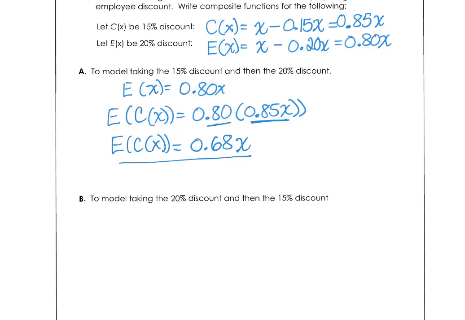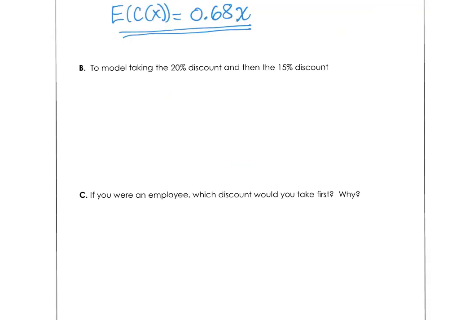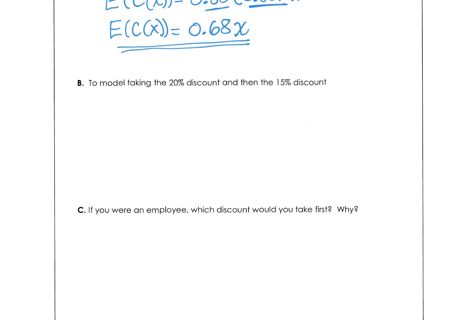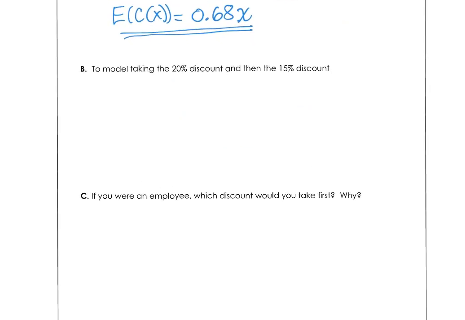In part B, we want to model taking the 20% discount first and then the 15% discount. So to model taking the 20% discount and then the 15% discount, we would have C of E of X, and that would be 0.85 times 0.80.